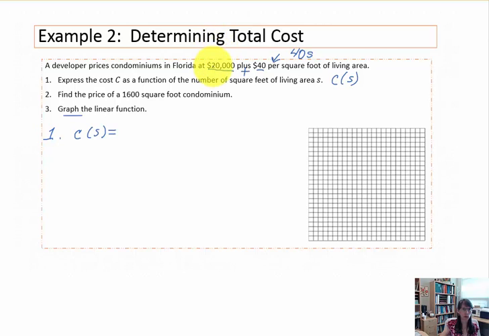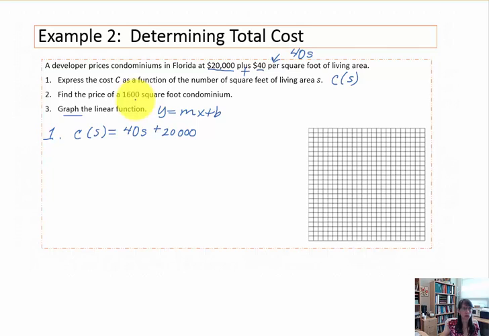So we will have $20,000 added to 40 times S. Now I'm thinking about linear equations, so I want to put 40S first and then add the 20,000. The only reason I'm doing this is because now it looks more like our slope-intercept form. Remember y equals mx plus b? So that's why I'm writing 40S first.